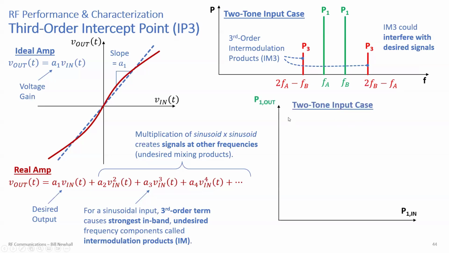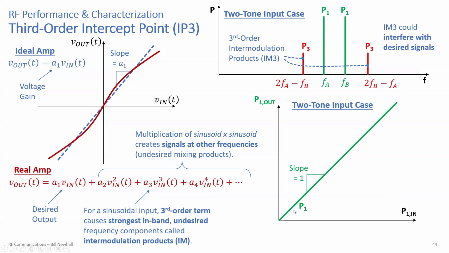Okay, so if you look at the two-tone input case, P1 out versus P1 in. I'm going to look at the output of that first order component versus the power input of the first order component. You get a plot like we looked at before. You get this one-to-one slope.